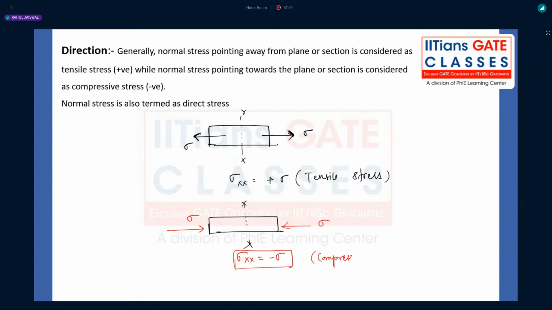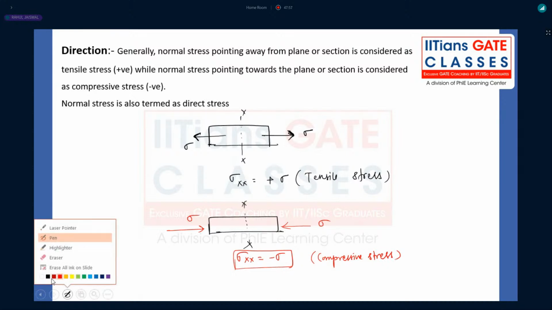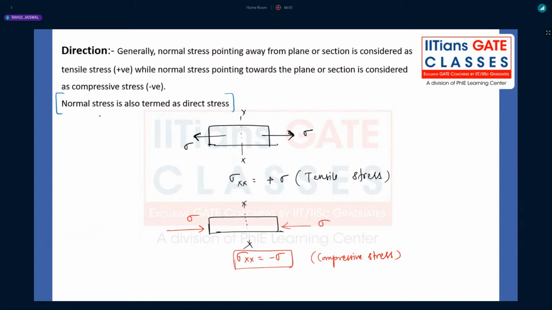That is compressive stress. Getting my point? Tell me, guys, whether this is clear. And we also call normal stress, sometimes, direct stress. The normal stress will also be called the direct stress.